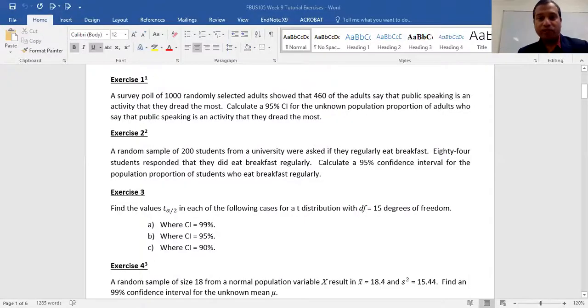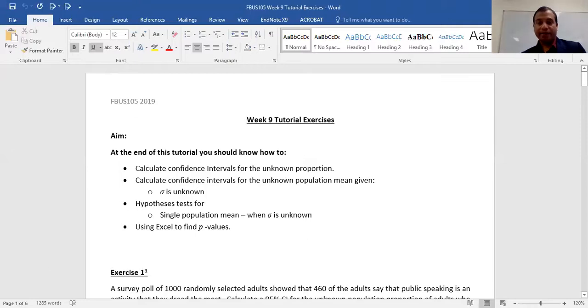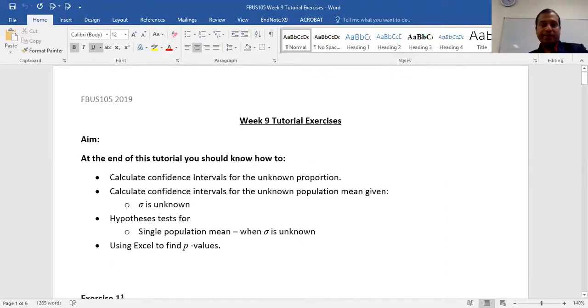Okay, so in this tutorial exercise, week 9, we'll try to do some of the exercises on the confidence interval. Remember the CI, confidence interval estimation.